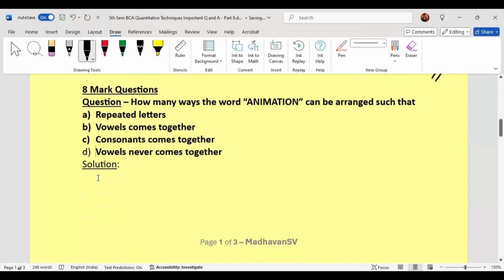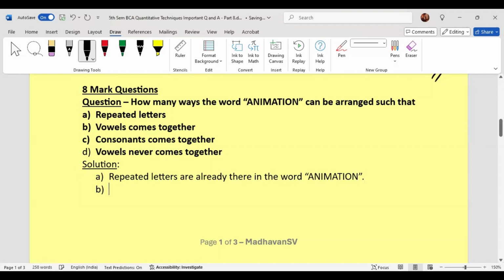Repeated letters means, as it is, there are already repeats in the letters. So let me say A, repeated letters are already there in the word animation.